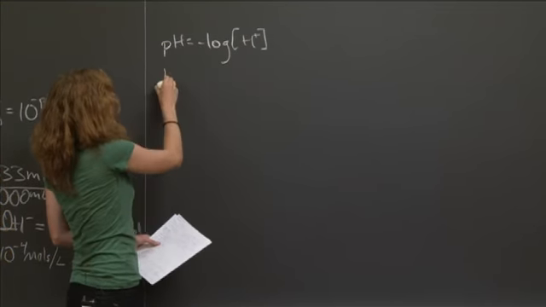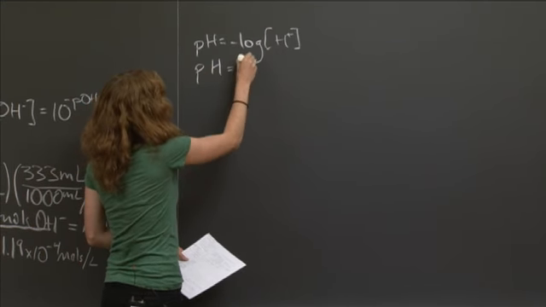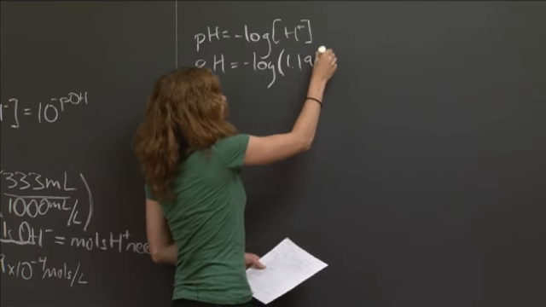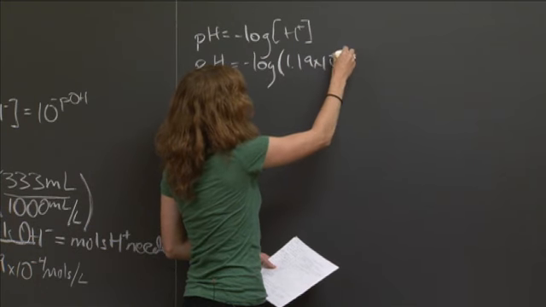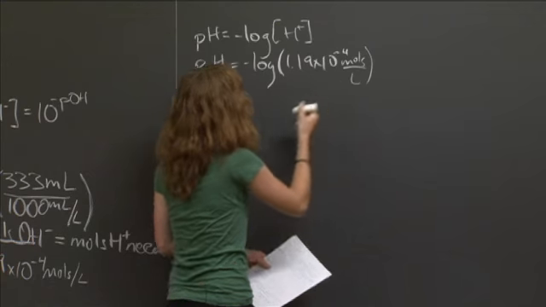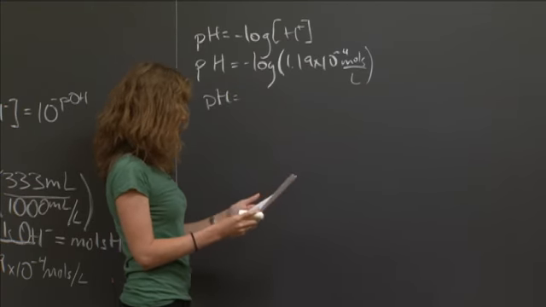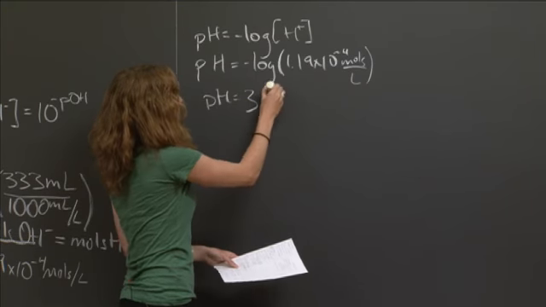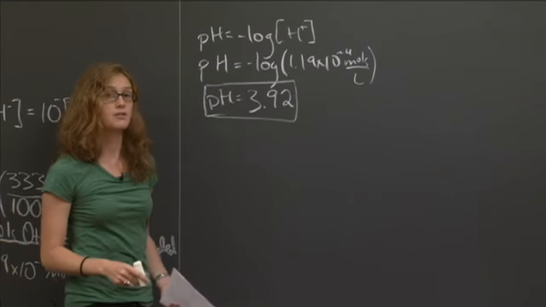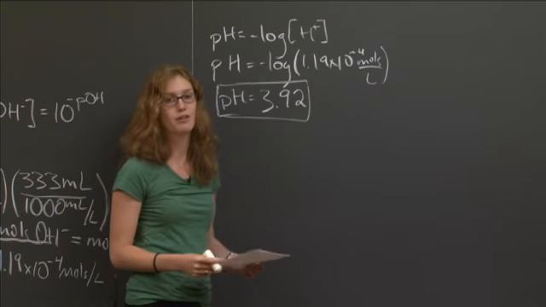And because we know the concentration of protons, we just need to plug this into our calculator, and we get our answer, which is a pH of 3.92. Put a box around that one because it's our correct final answer, and you will be good to go for this part of the problem.